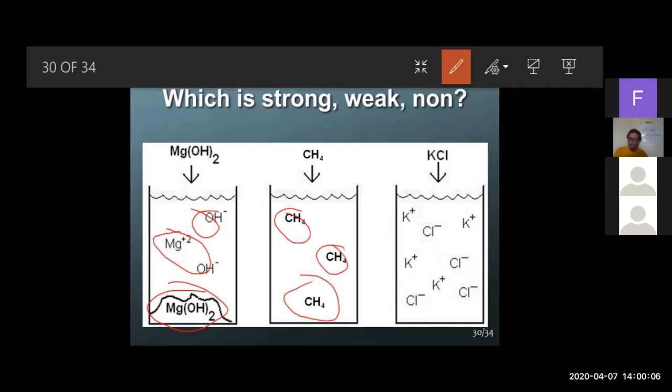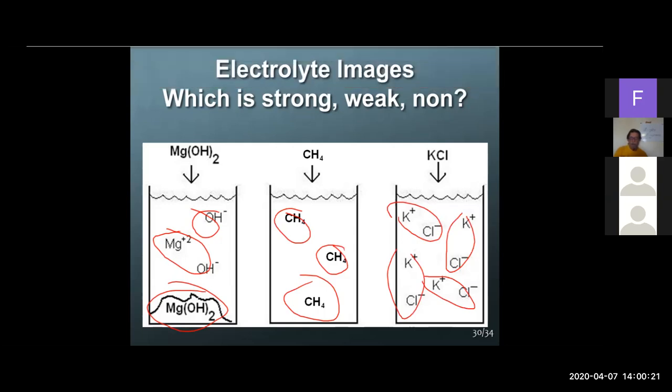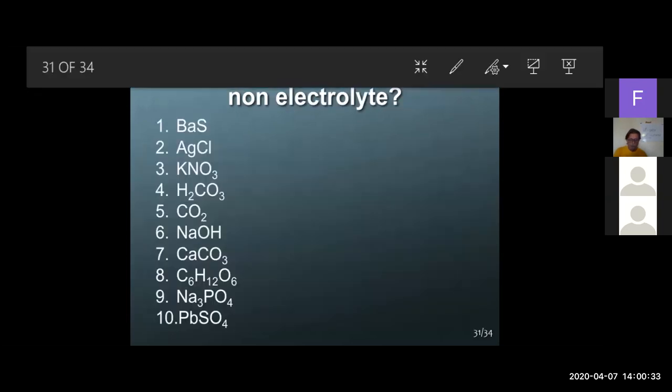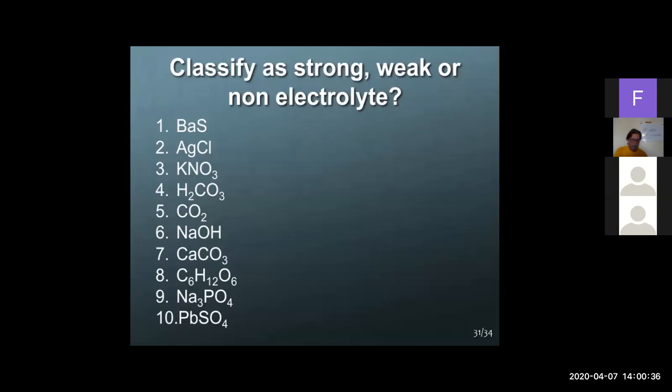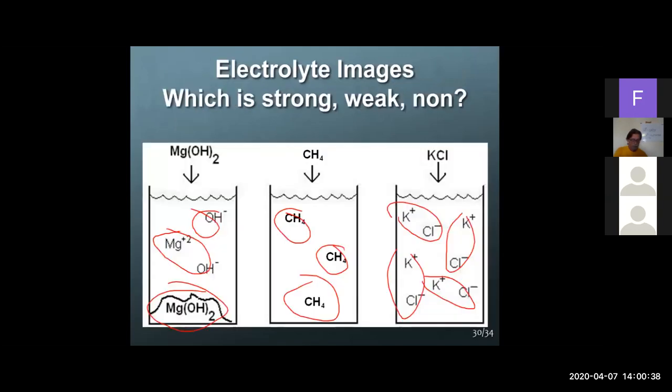Then in the final one, we see paired ions all over the place. Nothing's recombined. There are 4 units there of chloride and potassium. Since none of those are combined, we get a very strong electrolyte. Strong electrolyte on that.